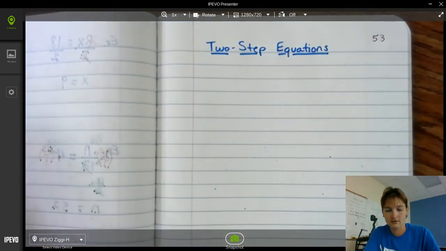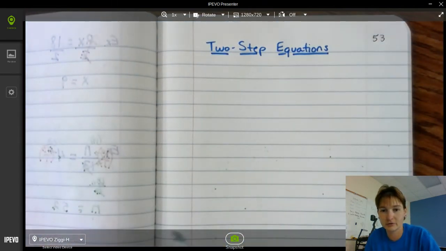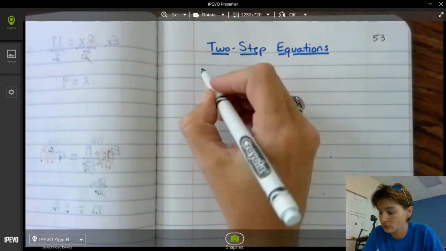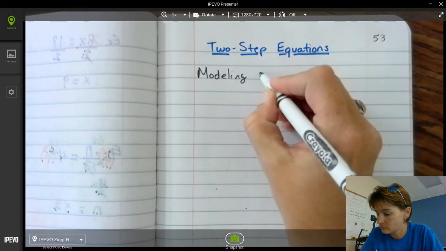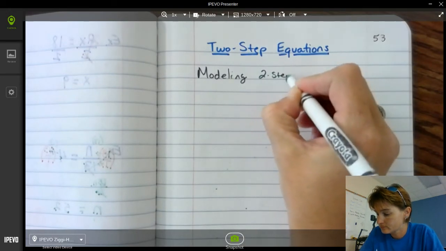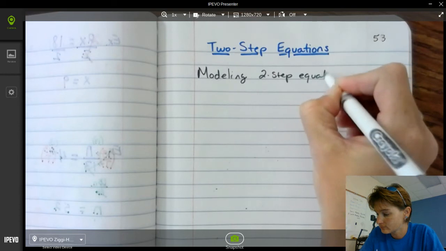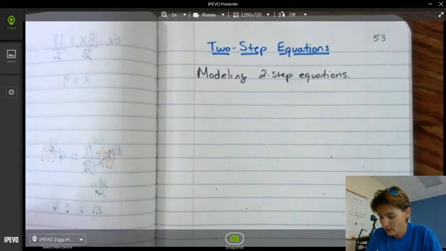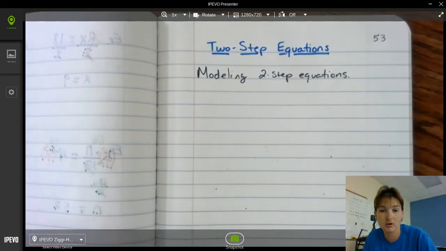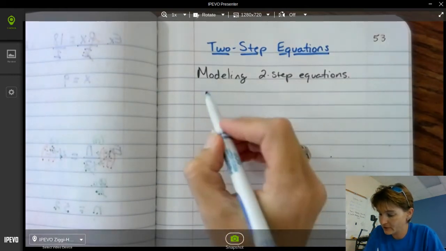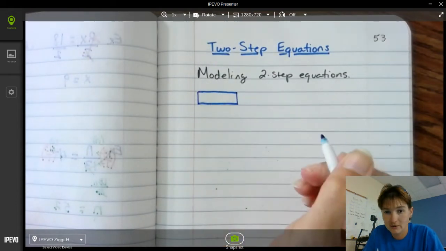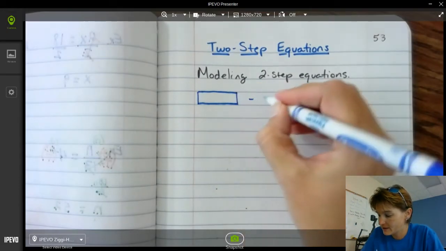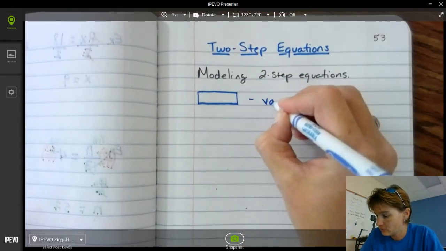Okay. The first thing we want to discuss for two-step equations is how it's modeled. So modeling two-step equations. All right, so the biggest thing with modeling two-step equations is when you have a variable in it, they typically do, well, almost all the time, a long rectangle, and this stands for your variable.